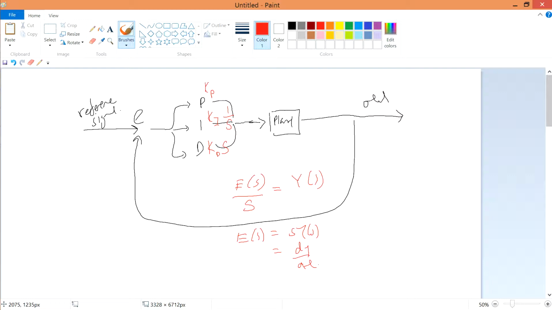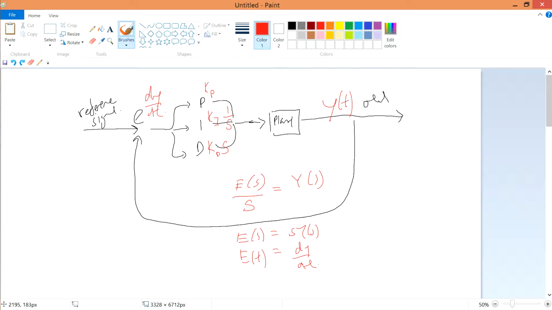From this case onwards, what you can see is that e(t) is dy/dt, which is over here. If you go through 1 over s, you become y(t), which is this one. So your e(t) is over here, and if you multiply by 1 over s, you get your y(t).